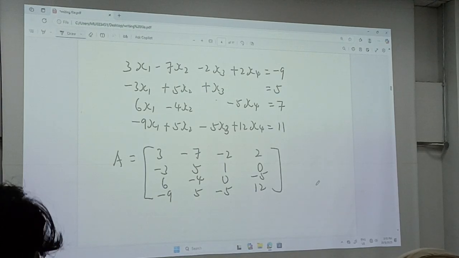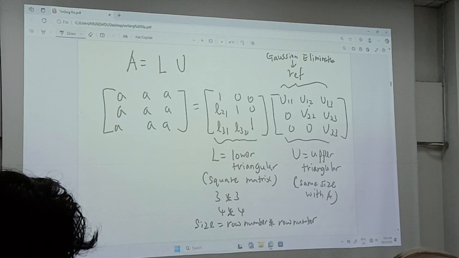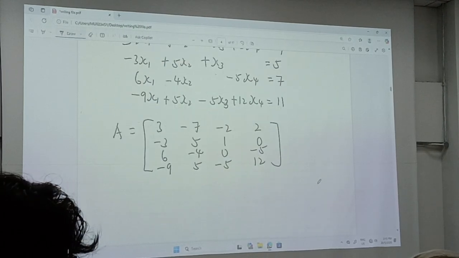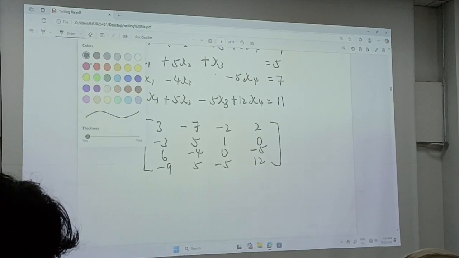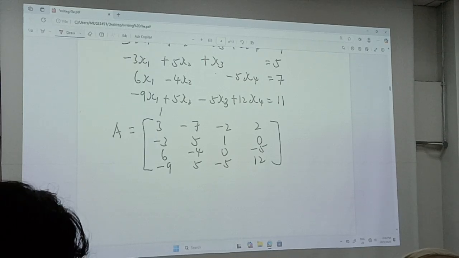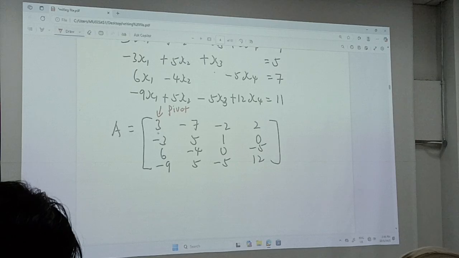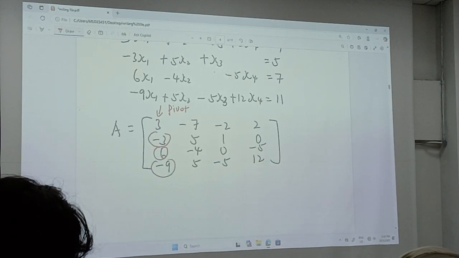Okay, so in order to get U, we use Gaussian elimination. So now we apply Gaussian elimination to get the U. So what is the pivot here? Pivot equal to 3, to eliminate negative 3, 6, and negative 9.